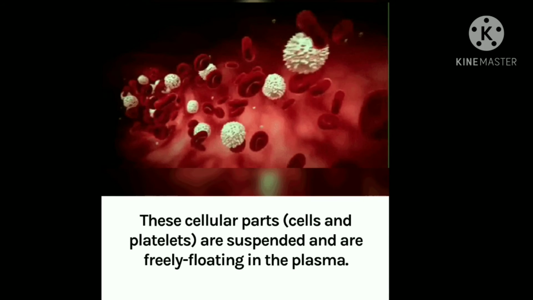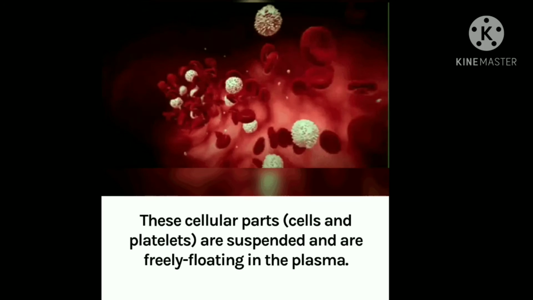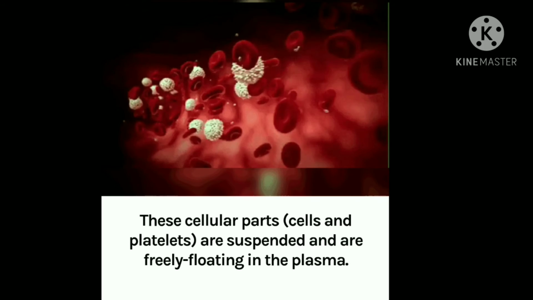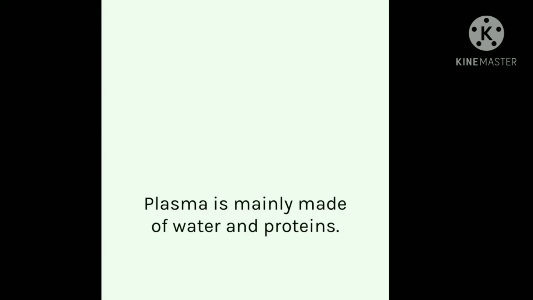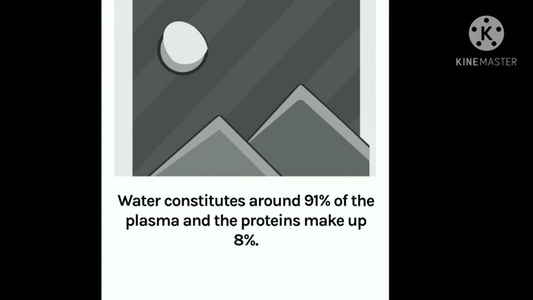Cells and the platelets are suspended and freely floating in the plasma. Plasma is mainly made up of water and proteins. Water constitutes around 91% of the plasma and protein makes up 8%.